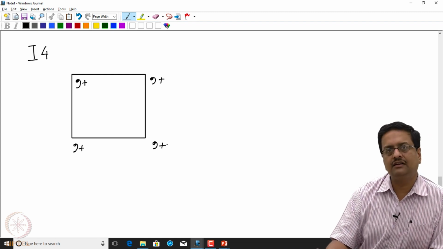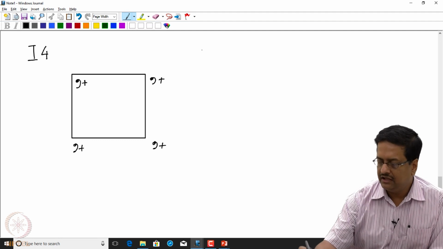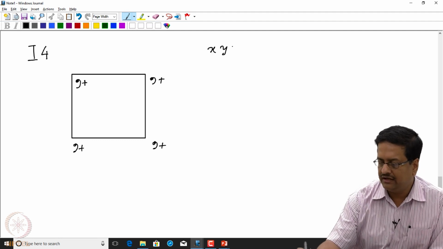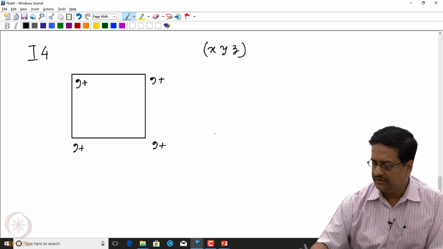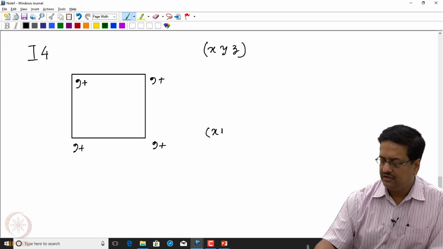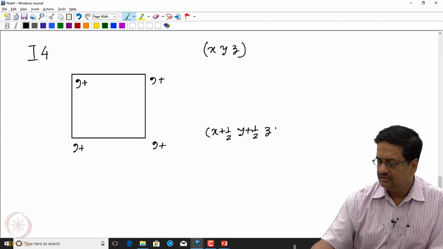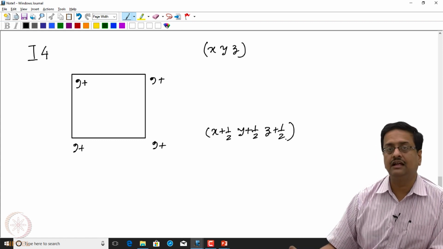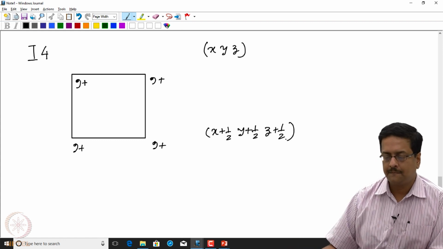The body centered object means if the original point is x, y, z, the body center point will be x plus half, y plus half, z plus half, because it is at the center of the unit cell.